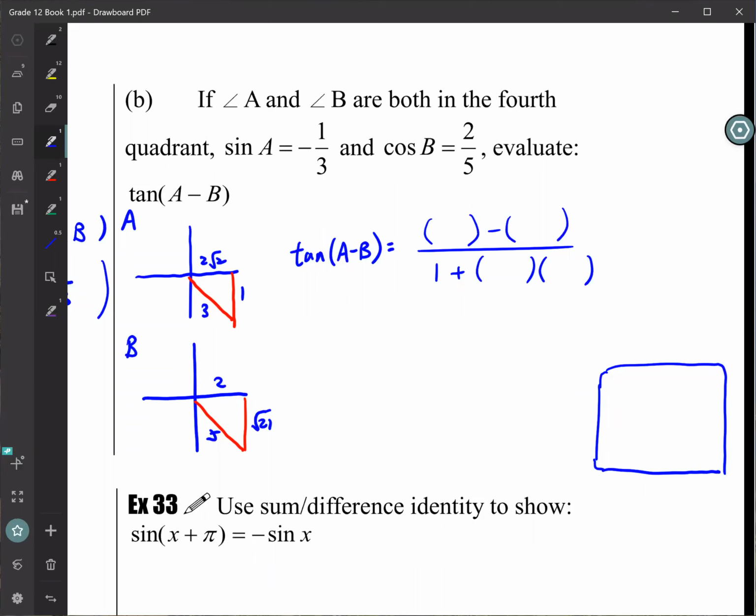Okay, Cindy, what's your final number? 50 root 2 minus 18 root 21 over 11. I mean the final answer.